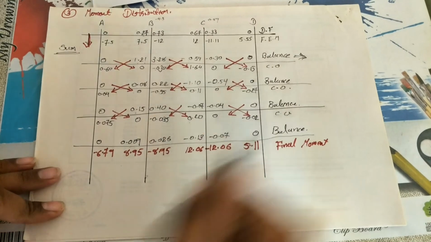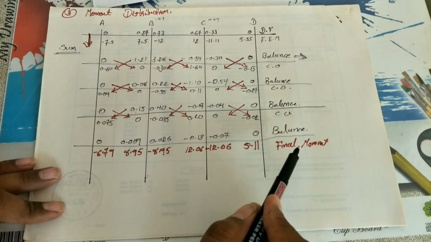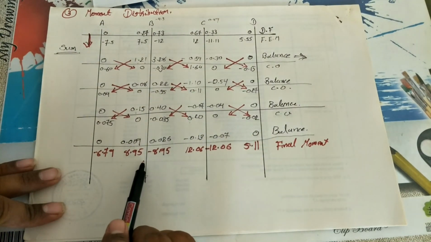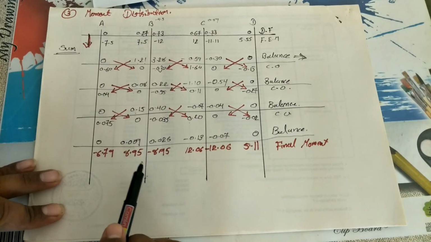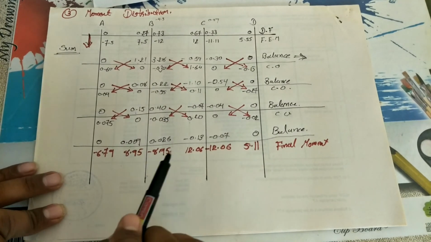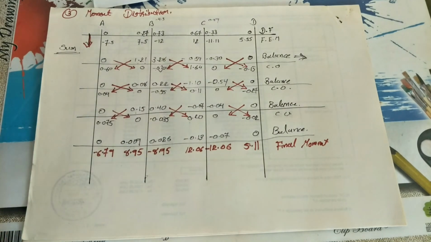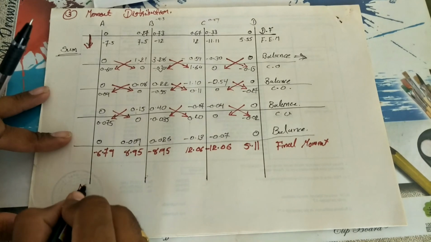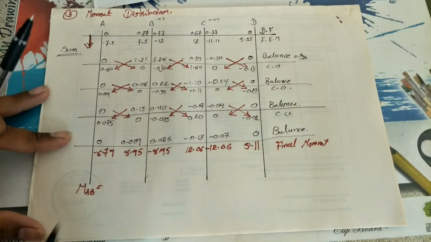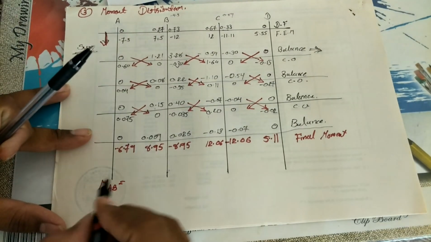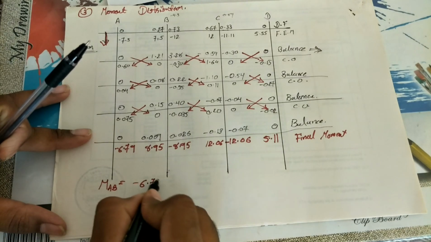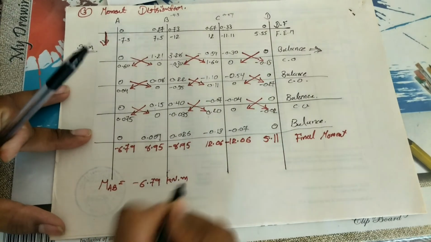How will you come to know these are my final moments? For the final moments at your joints, at supports, the moments are equal and opposite. So if I write the answer, my MAB is minus 6.79 kilonewton meter.